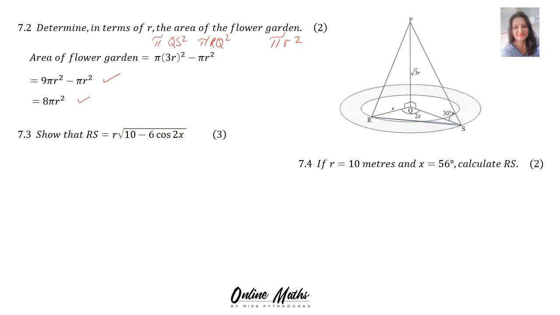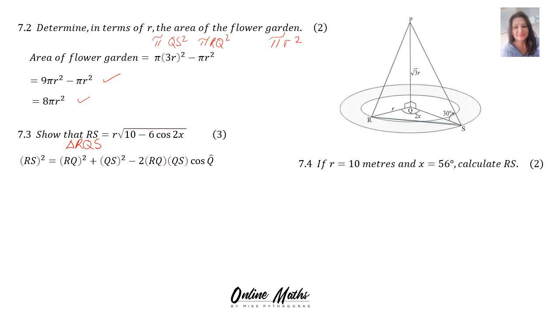7.3, show that RS is equal to r root 10 minus 6 cos 2x. Right. So RS is that line there that lives in triangle RQS. So we are working in triangle RQS, which is a non-right angle triangle, and I have two sides and the included angle.